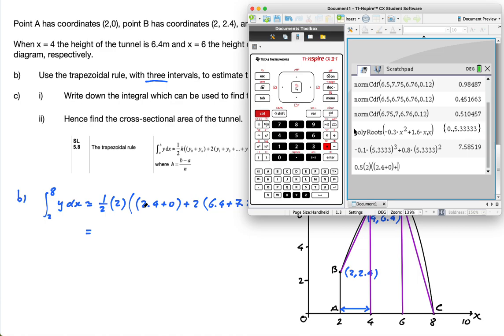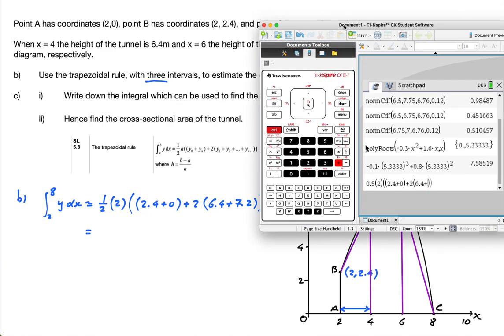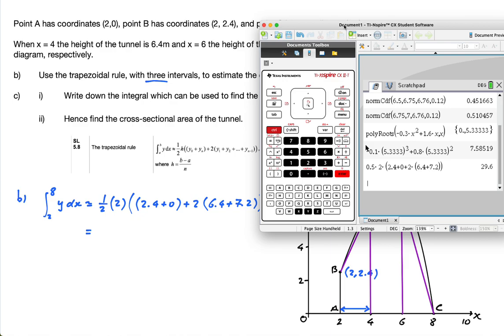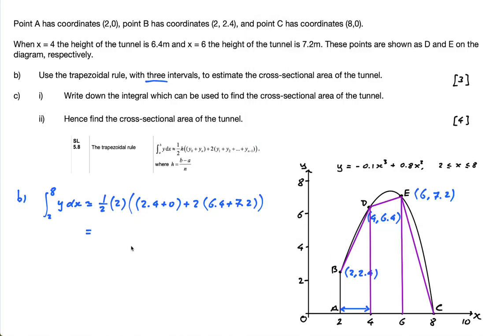Then plus 2 times 6.4 plus, let me be super careful, it was 7.2. 7.2, close the bracket, press enter, and I get 29.6. 29.6. So this is an estimate of the cross-sectional area. So it's 29.6 meters squared.